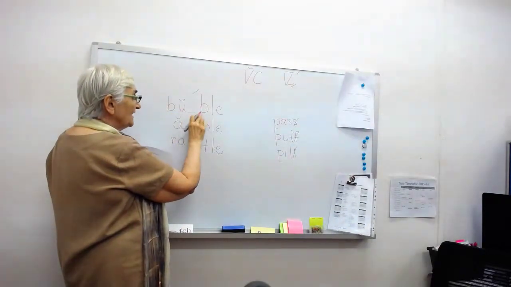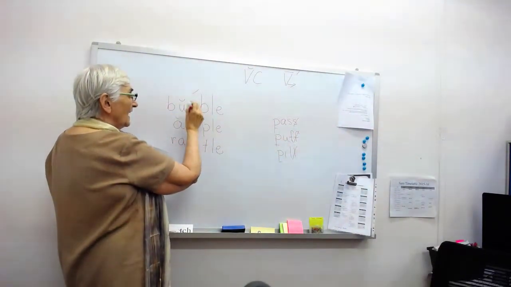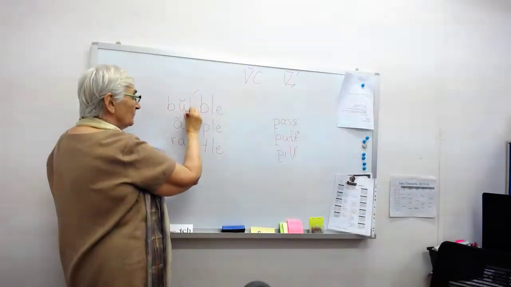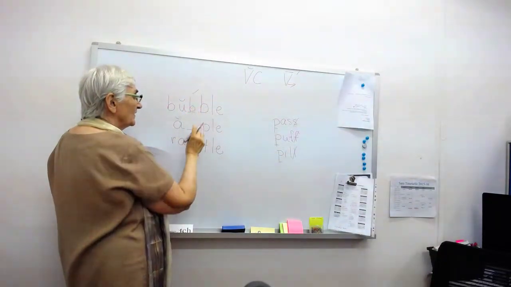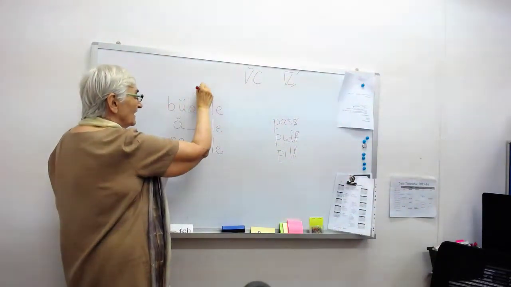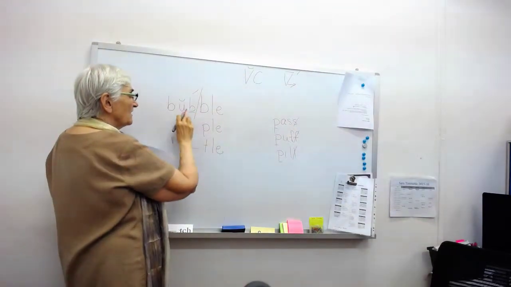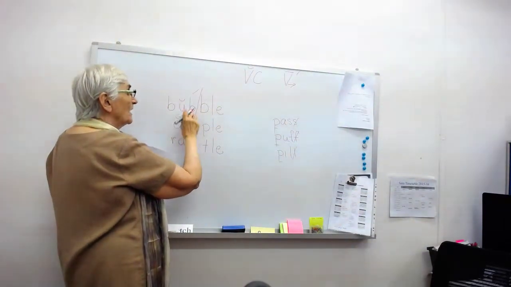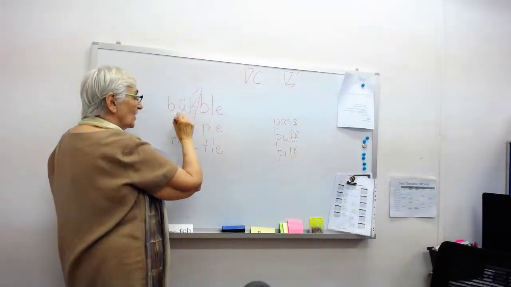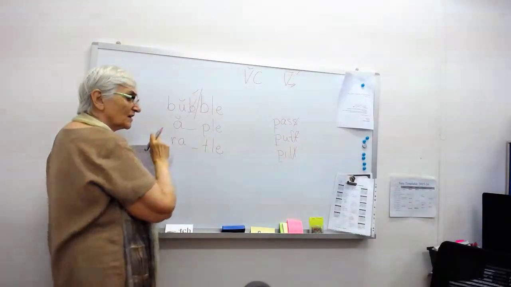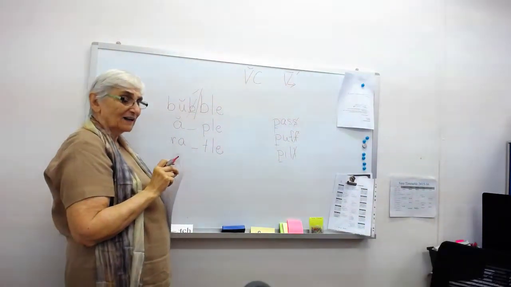So I can take this B and I can duplicate it. I can put a B here, and now I have two syllables. The first syllable ends in a B, but I do not read it. Its only job is to make sure that that first vowel is short.